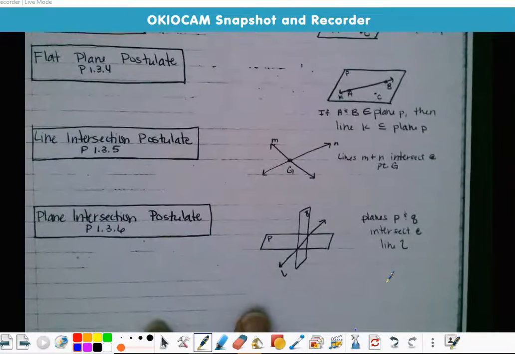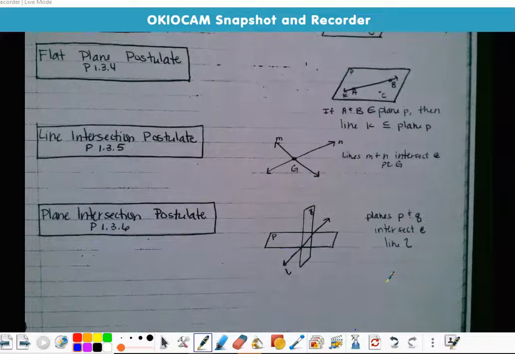Then we'll go to the flat plane postulate. Takes up a little bit more space. I hope I can get the definition here.